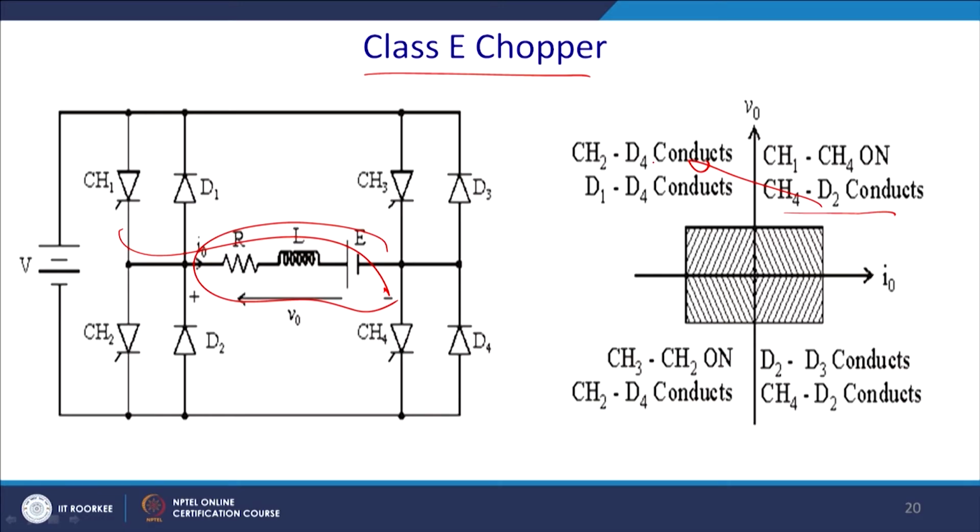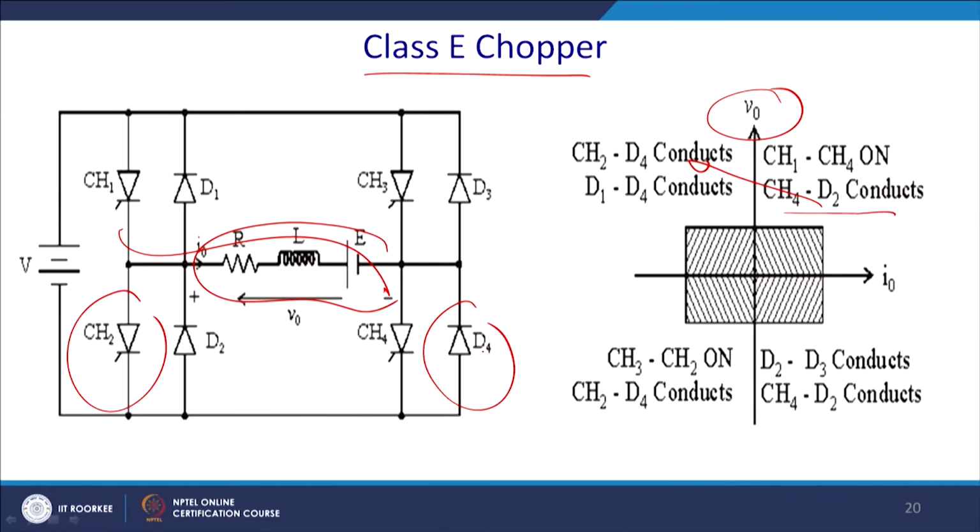So, CH2 and D4 will conduct and you will get regenerative braking, and since the voltage is positive, you essentially get a forward voltage mode and the motor will be operating in the same direction, and it is the motoring and the regenerative braking.